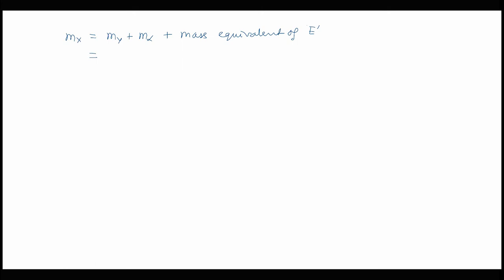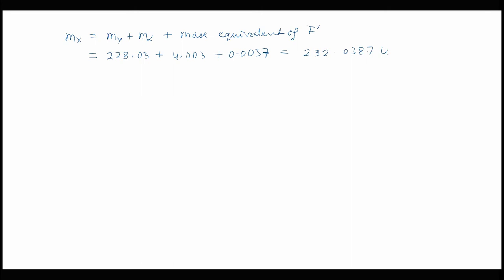So we can write it as 228.03 plus mass of alpha, that is 4.003, plus the equivalent mass, which is equal to 0.0057, and we obtain a value equal to 232.0387 u. So this is the mass of X which we have obtained.